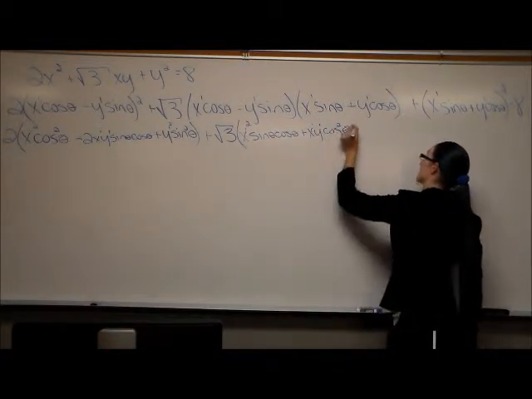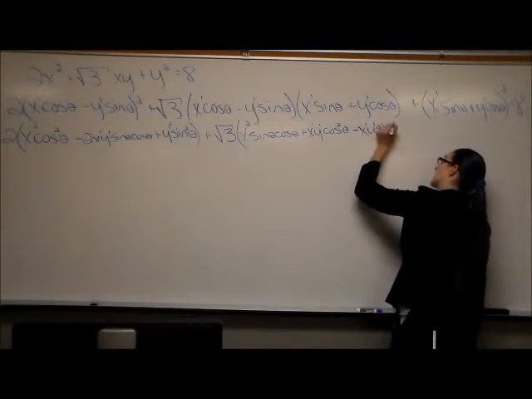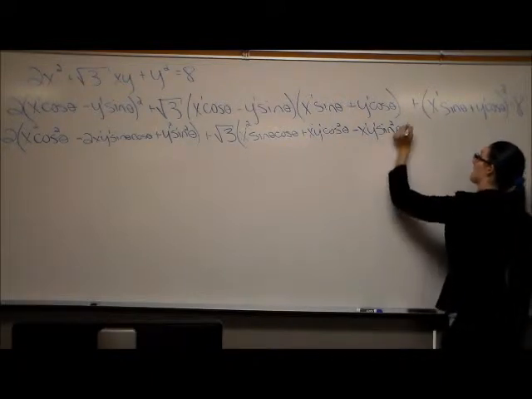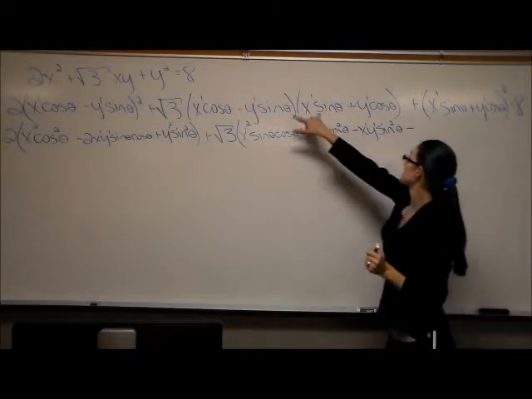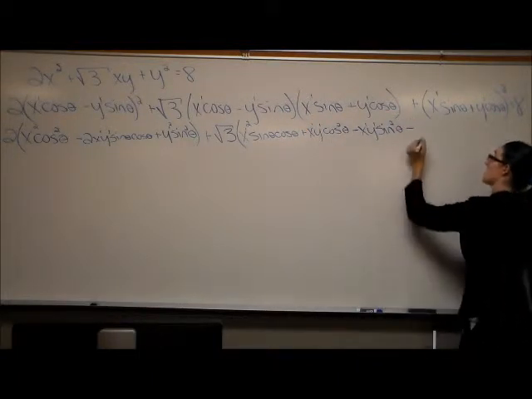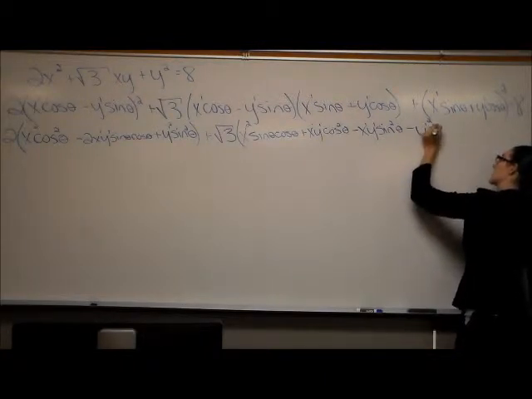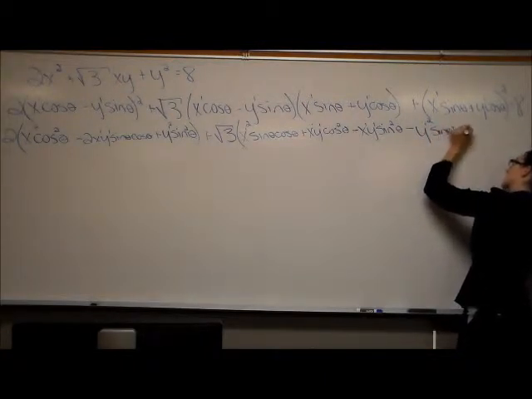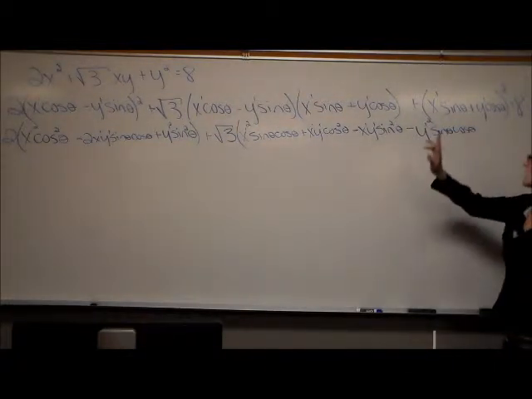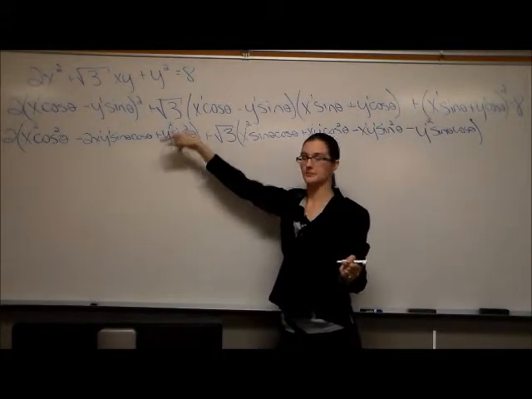Inside minus x prime y prime sine squared of theta. Minus, that was this one. So last times last, y prime squared sine of theta cosine of theta. Okay. Close my parentheses because all that's still multiplied by the root 3.